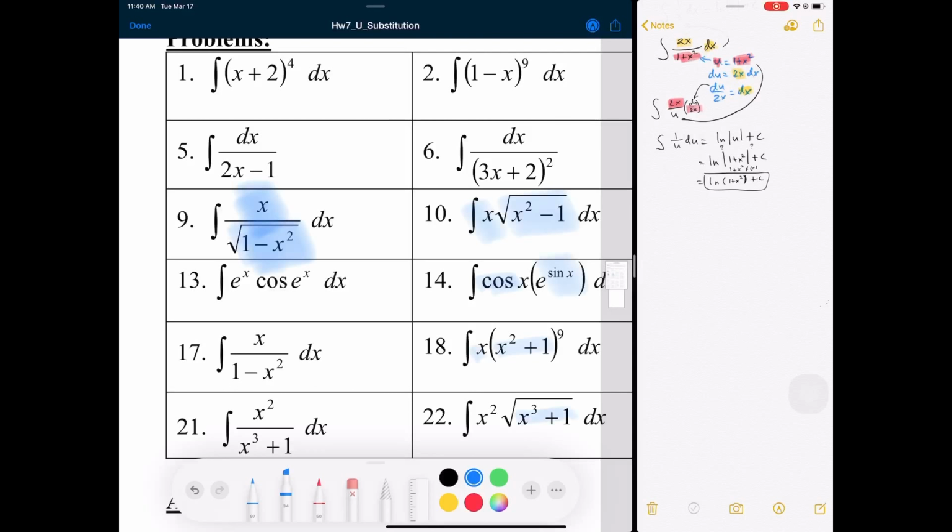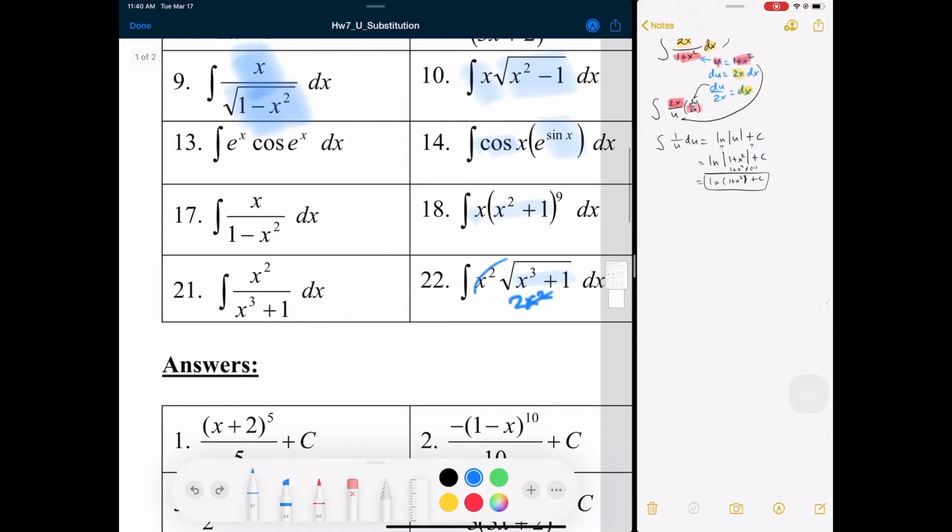Looking here, what's the derivative of x cubed? 3x squared, and the derivative of 1 is 0. So we're left with a 2x squared, which cancels out with this guy.